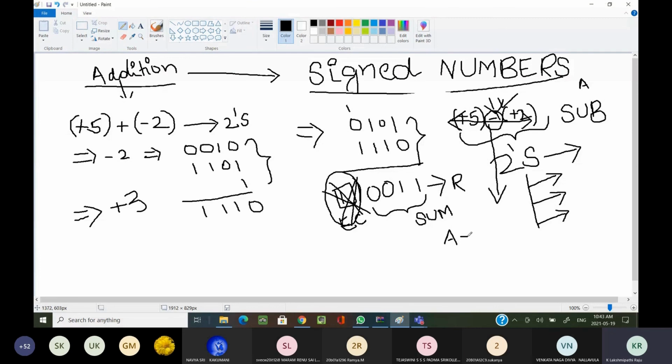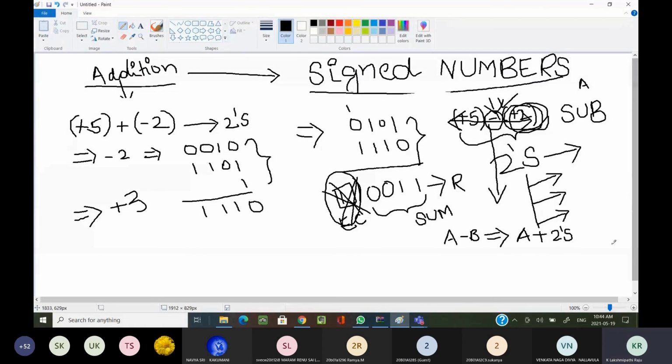A minus B equals A plus the r's complement. What is the r's complement? The 2's complement of plus 2. Here also you need to calculate the 2's complement of plus 2. Don't get confused.